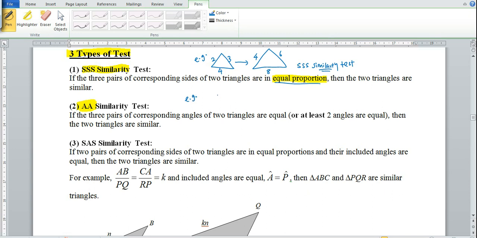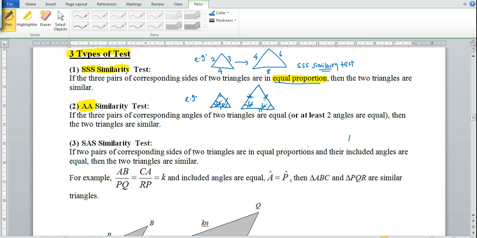Now let's say if I have an equilateral triangle, what is the angle that we are having here? 60, 60, and another 60, right? If I have another equilateral triangle that is bigger, what will be this angle? Also 60, isn't it?